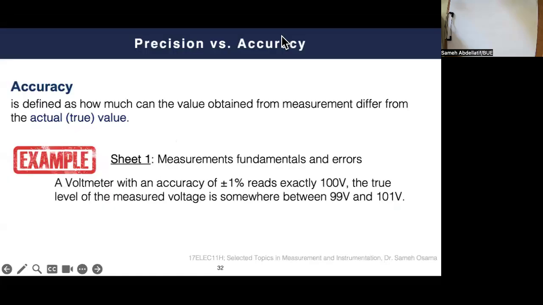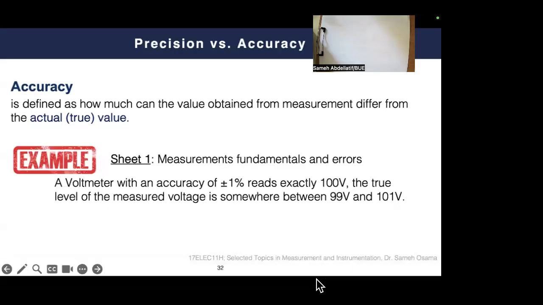It told me that a voltmeter with an accuracy of plus minus 1% reads exactly 100 volts. Maybe in the next examples we are going to need it, but here this is a simple example, so we can do it quite easily.